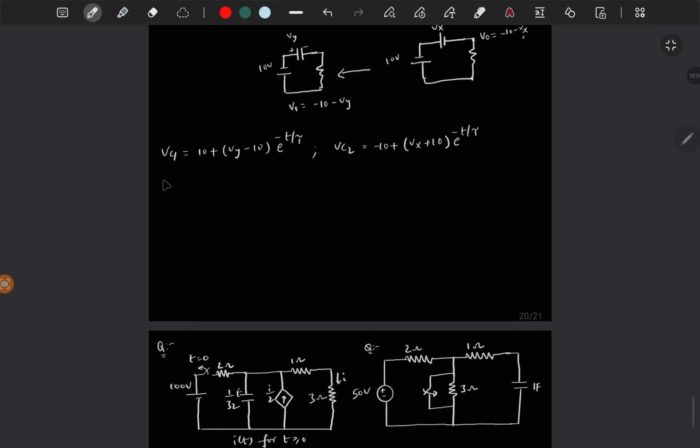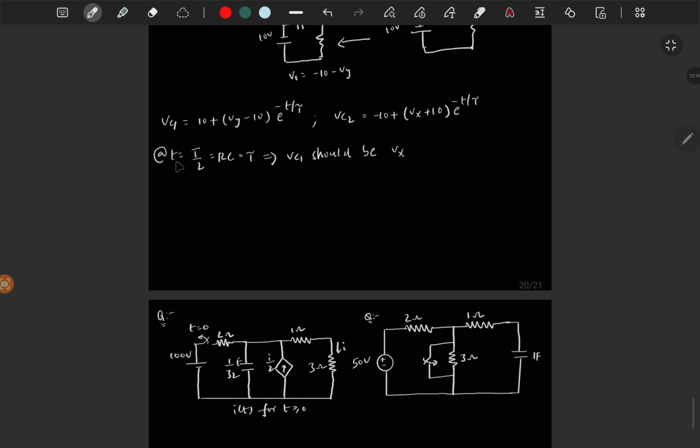So at t equal to T by 2, which is nothing but one time constant, which is RC, Vc1 should be Vx. It is going from Vy, which is the initial value, to Vx at this point.